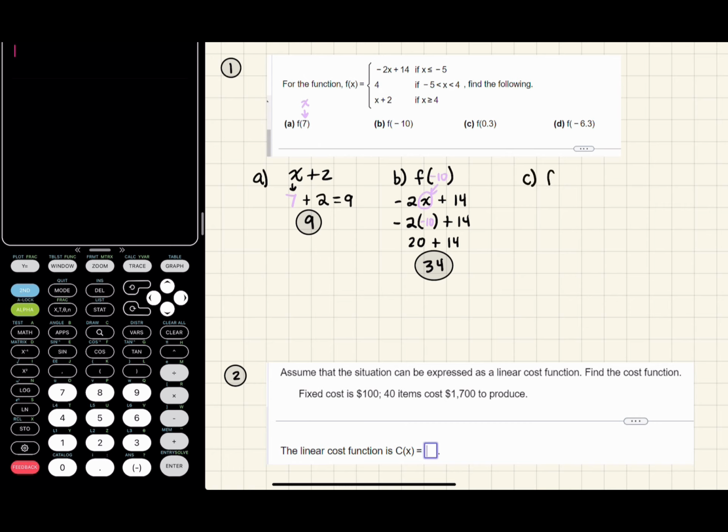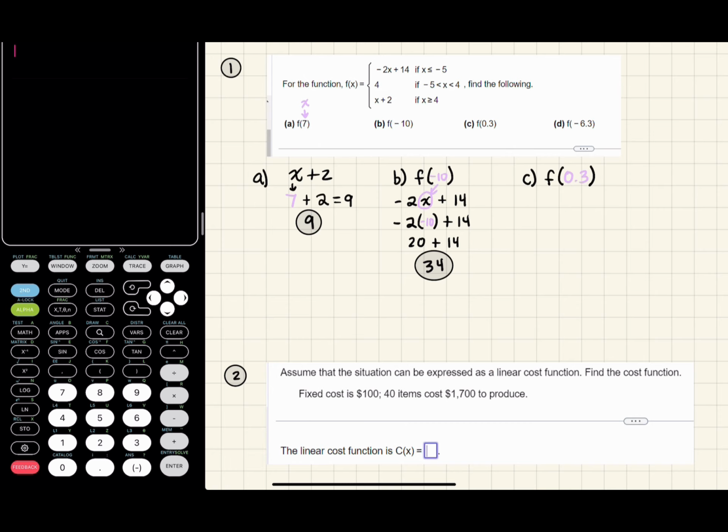Alrighty, part C, f of 0.3. Alrighty, what does 0.3 follow? Is 0.3 less than negative 5? No, it's not. Is 0.3 between negative 5 and 4? Absolutely. 0.3 would fall somewhere in between there. So we're going to use this function.